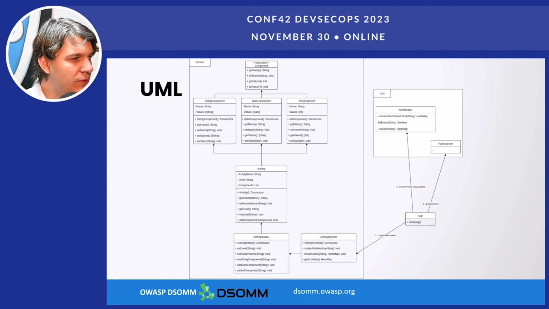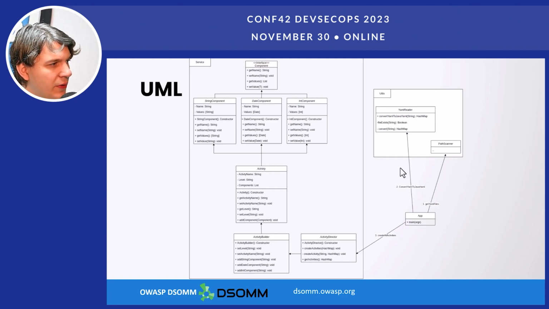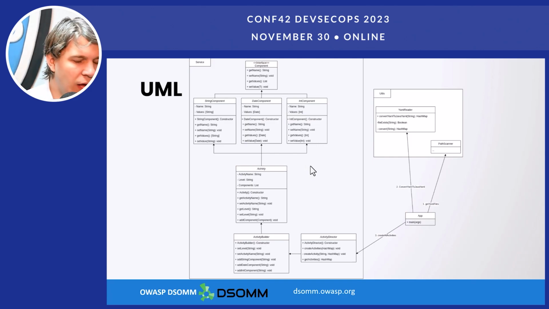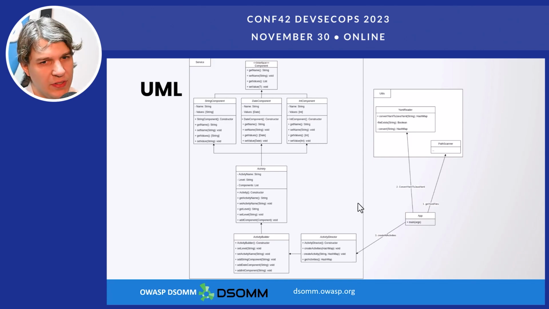That's why we came up with this class diagram where we have the string component, the date component, and the integer component with an interface, and then the activity has all these different types, so you can combine these types as you like. In this case, the main developer here is Raphael Vespi, who came up with this diagram and is implementing it.